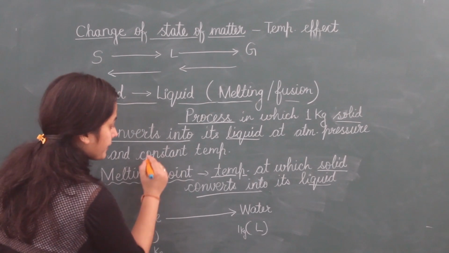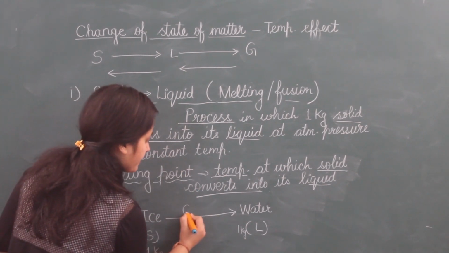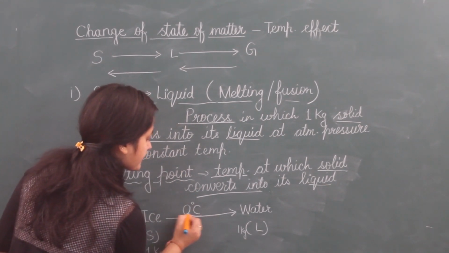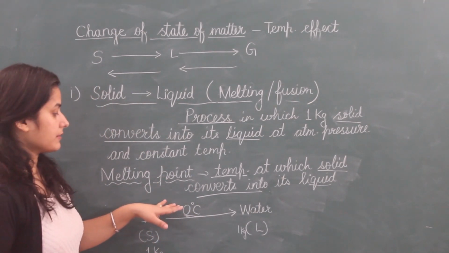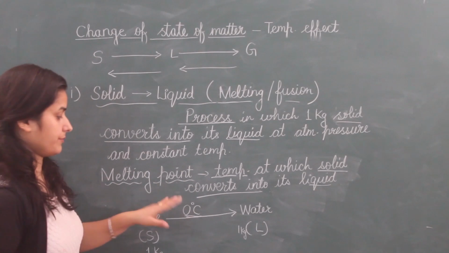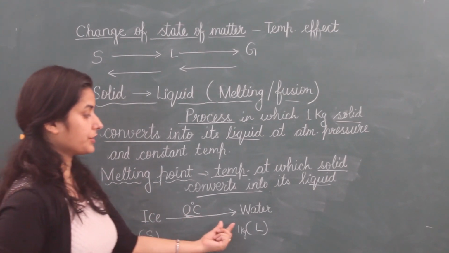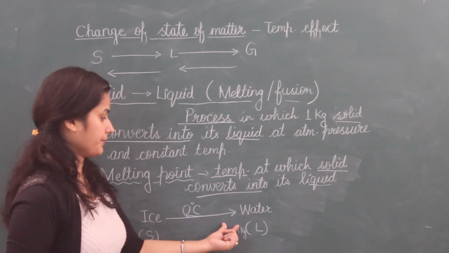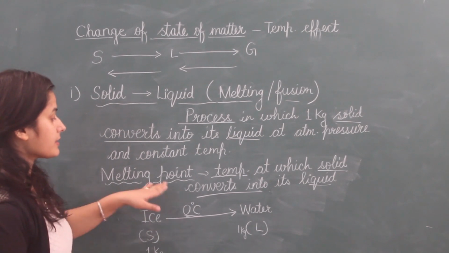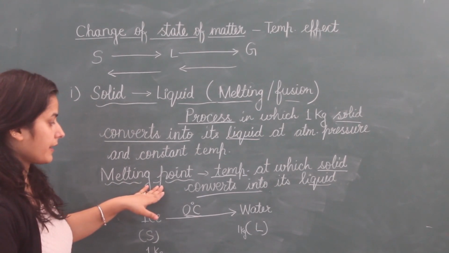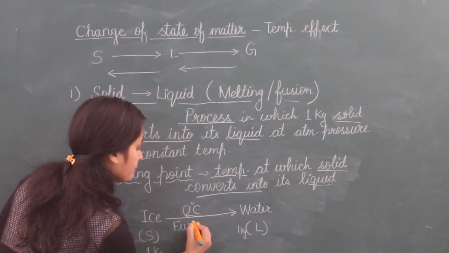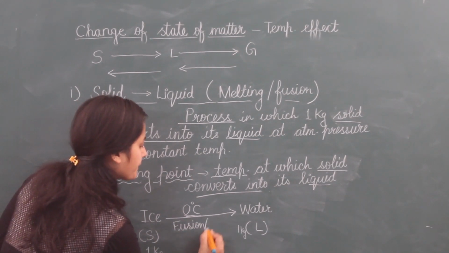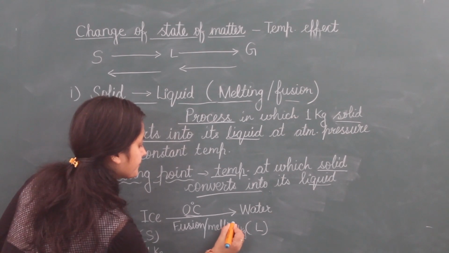At constant temperature, that means 0 degrees Celsius. 0 degrees Celsius is the temperature at which ice will convert into water completely. So 0 degrees Celsius is the melting point of ice, and this process is known as fusion or melting.